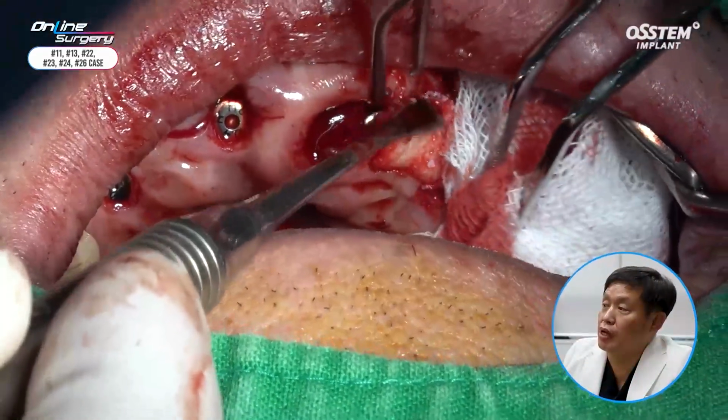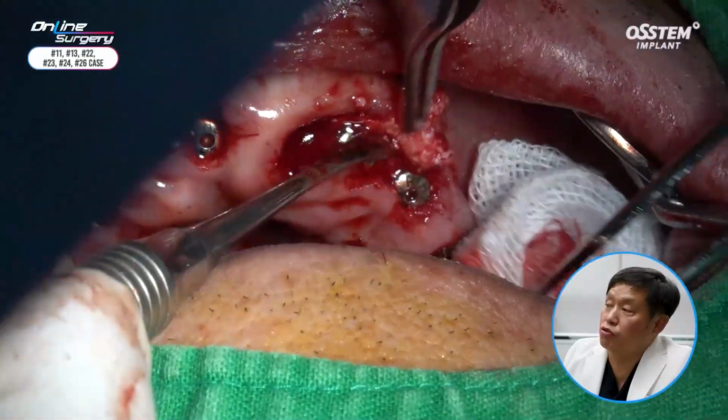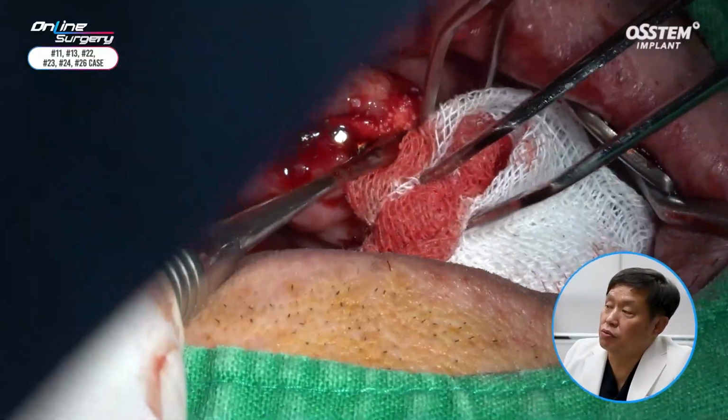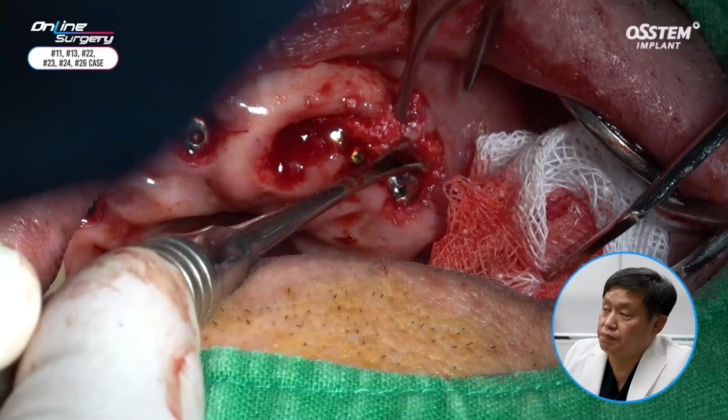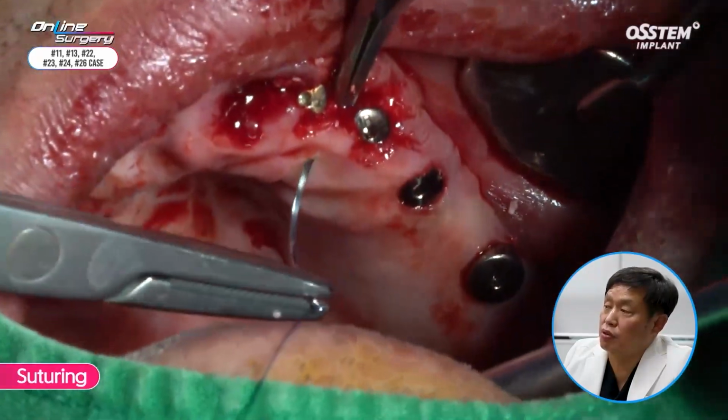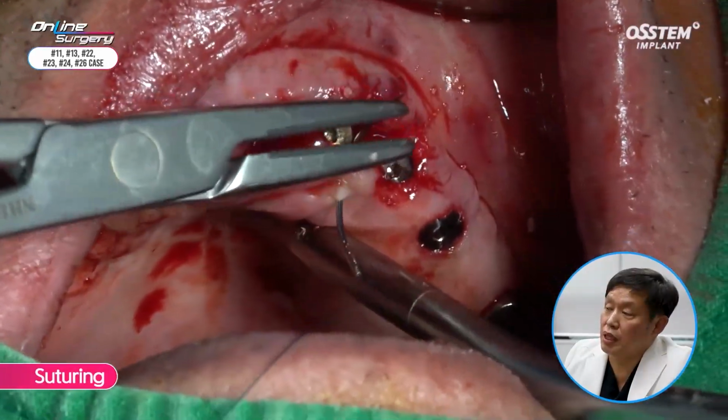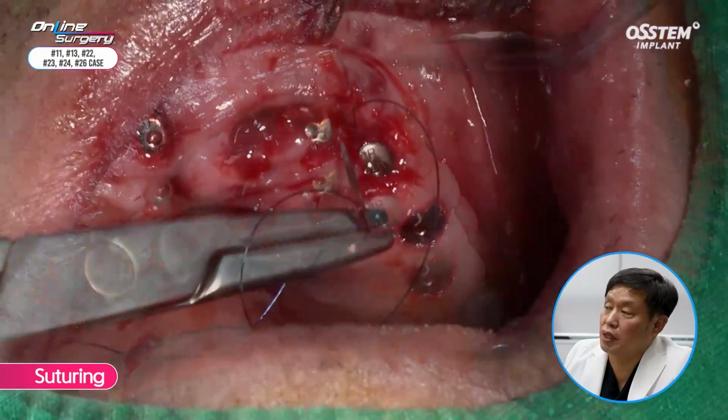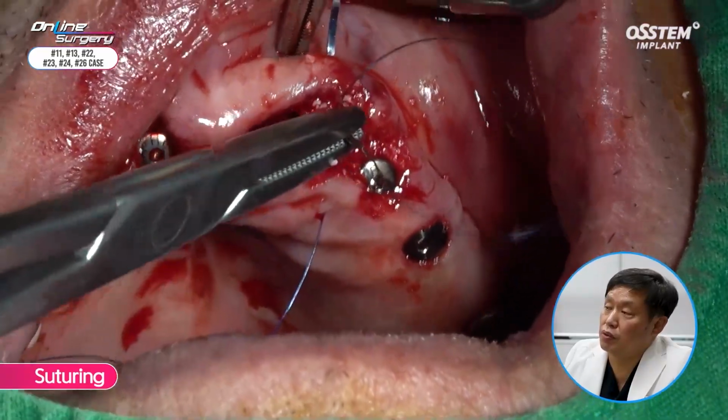After healing abutment connection, similar to the dual zone concept, bone graft was performed. Suture was done. The flap was not reflected significantly, so it was sutured with a figure of 8 suture.